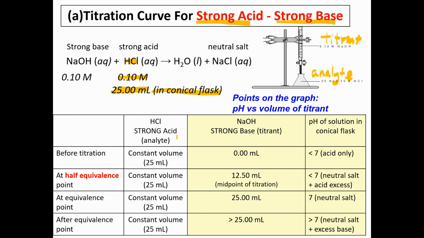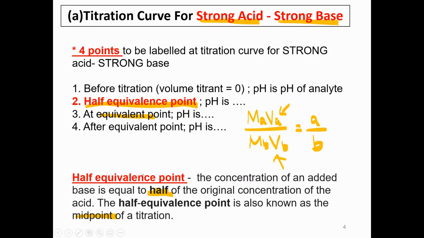We have 4 points that we need to draw for strong acid and strong base. Before titration, there is only acid, so we expect that the pH in the conical flask, the analyte, should be less than 7. How about at half equivalence point?